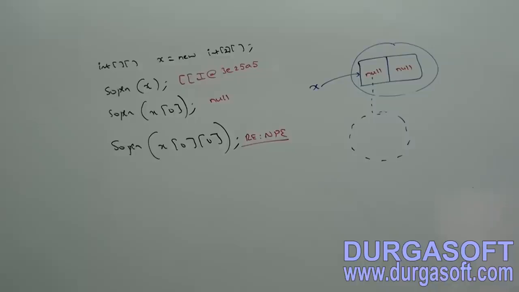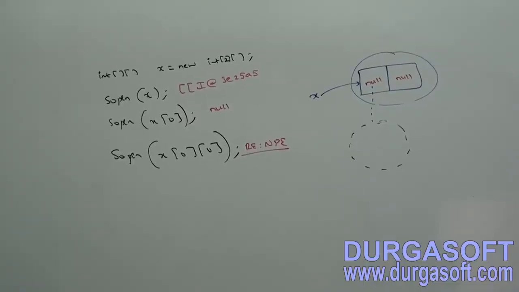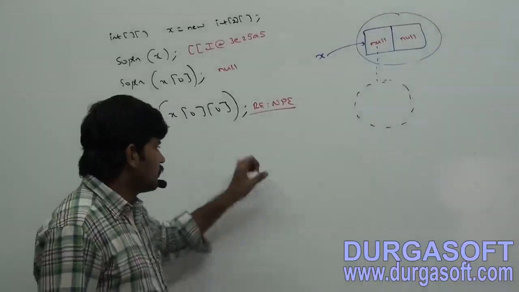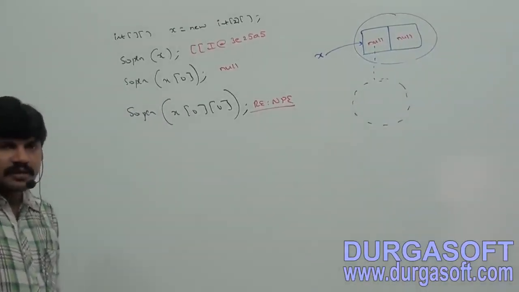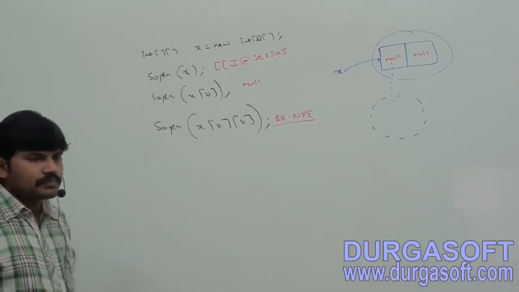SOP of x, SOP of x of 0, SOP of x of 0, 0. We'll get runtime exception, null pointer exception. Clear, right?